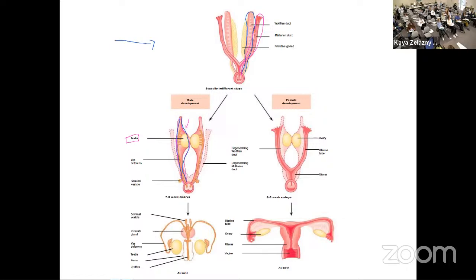And because we had that MIH present, that Müllerian inhibiting hormone, we've started to create degeneration of the Müllerian duct, right? So that dotted line tells you this is going away now, right? We're sending it a signal to say, we don't need this, okay? And this is what eventually produces our adult anatomy. So you can see some growing glands, right? So eventually those testes will descend down and out of the body actually, right?